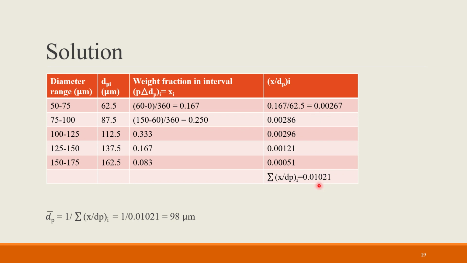We are getting 0.01021. So to get the mean diameter from this, we take the inverse of this number, 1 by 0.01021. It is giving 98 micrometer.